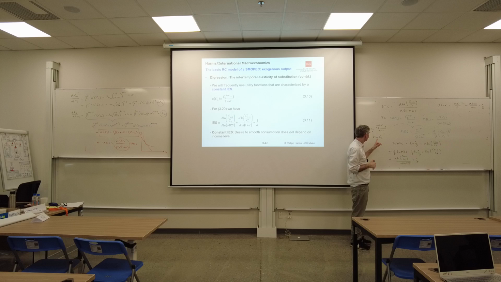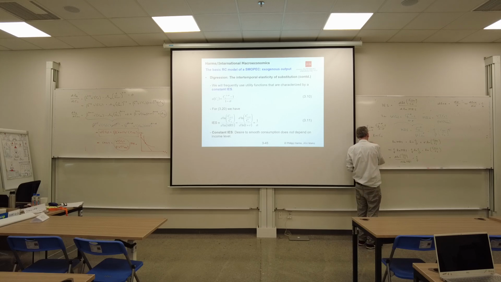So the log function, if you take log utility, is just a special case of this more general form, and you just set the intertemporal elasticity of substitution equal to 1. This goes back to a person called L'Hopital, the L'Hopital rule.